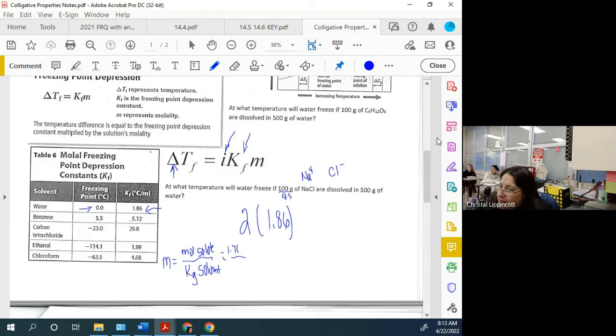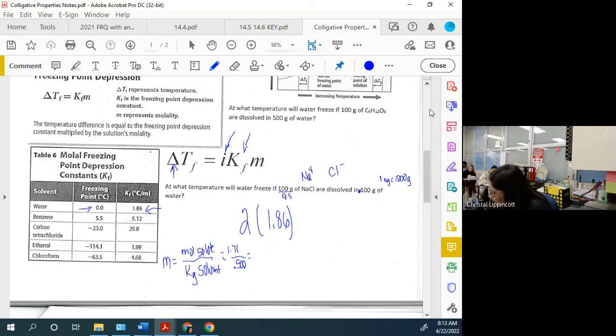All right. So we need to get this into kilograms. Remember that in 1 kilogram, you have 1,000 grams. So all we have to do is move the decimal point over. So that's going to be 0.500. So we're going to calculate our molality here, 1.71 divided by 0.5.